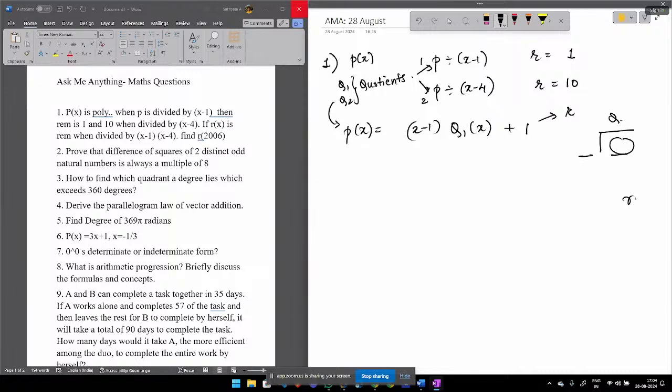Okay, so we'll try to get two statements, and the first statement is when I'm dividing p of x by x minus 1, so my x minus 1 into quotient of x plus remainder, है ना, this would be my statement 1.